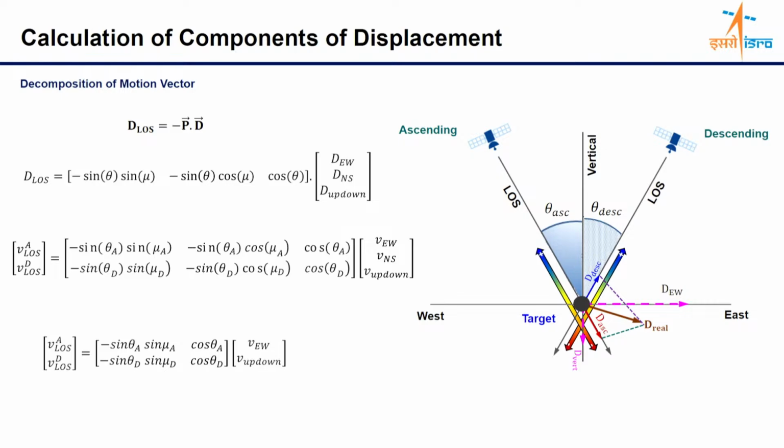So the satellite is moving along the north-south direction, it means whatever we are investigating along the north-south displacement cannot be investigated with great accuracy. If the displacement in this direction cannot be measured with great accuracy, it is better to ignore this component.